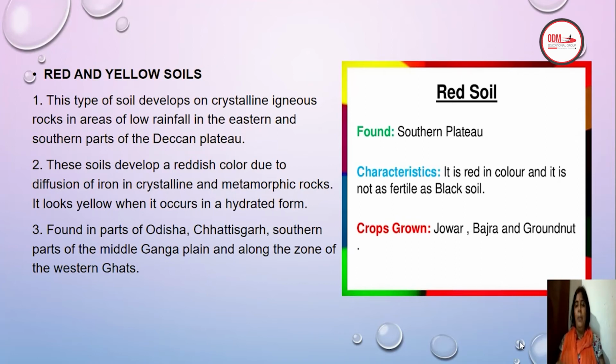These are found in parts of Odisha, Chhattisgarh, southern parts of the Middle Ganga plain and along the zone of the Western Ghats. The area where it is found is mostly the southern plateau regions of India. The characteristic is that it is red in color and not as fertile as black soil. The crops mainly grown are jowar, bajra and groundnut.